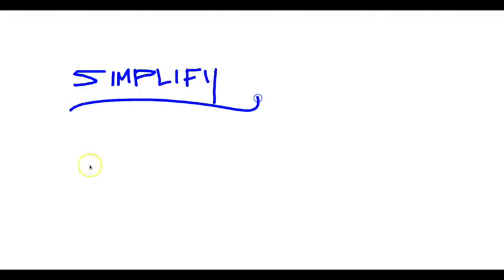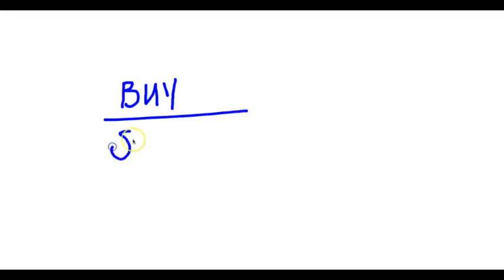So we talked about in the last video, or one of the more recent videos, simplifying your trading. At the end of the day, we want to simplify our trading. And when you think about what trading is simply, we know that there is an option to buy and there is an option to sell.